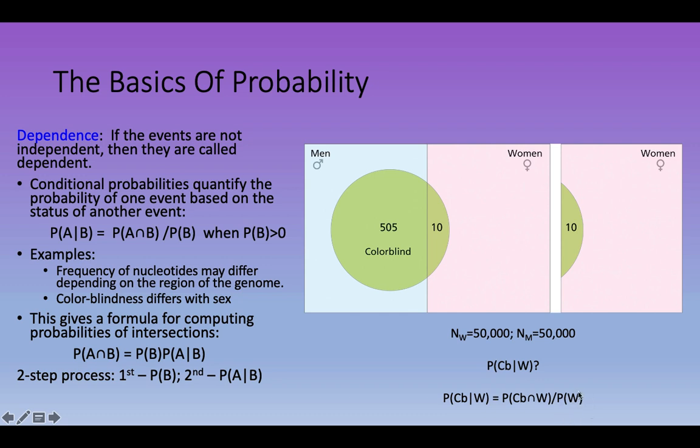The probability of being a woman is 50,000 divided by 100,000, whereas the probability of being colorblind and being a woman is 10 in 100,000. If I take those two and divide them, I end up with 10 divided by 50,000, which is exactly the same thing I would have gotten if I'd done this process over here on the right side.